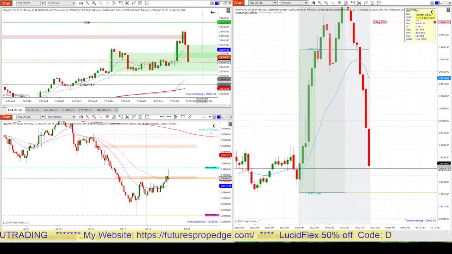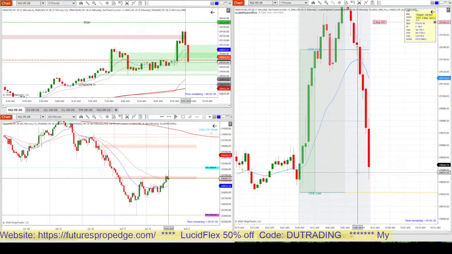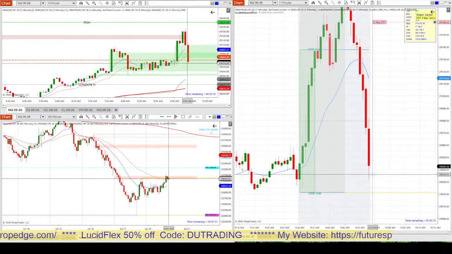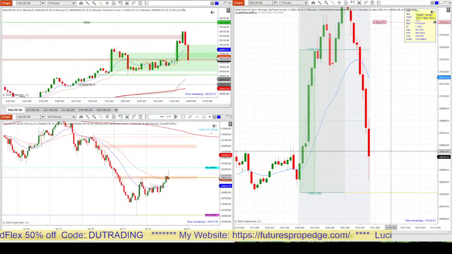They completely wipe everybody who enters. They almost wiped everybody who entered at the open. They're coming down to the bottom of the opening candles.